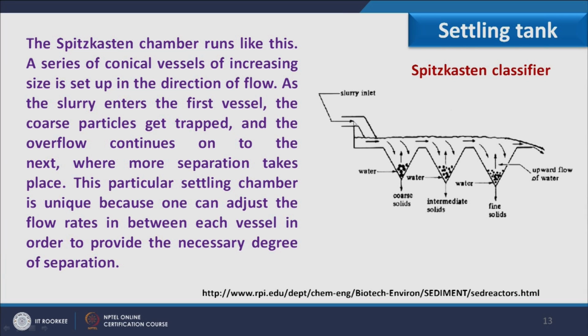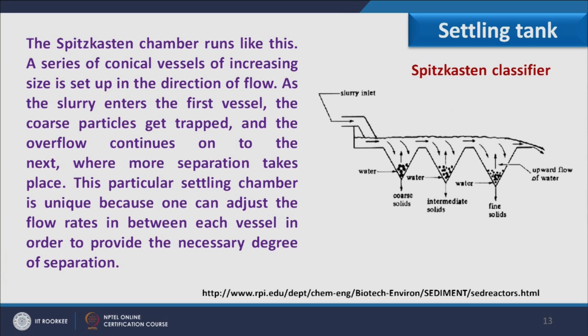When the slurry comes in, it first comes across the first chamber. The velocity will decrease, and the largest and heaviest particles will settle in the first chamber. After that, the finer particles, which cannot settle in the first chamber, will move with the fluid. When they enter the second chamber, which is larger in area than the first, the velocity of the fluid decreases further and particles have a chance to settle.